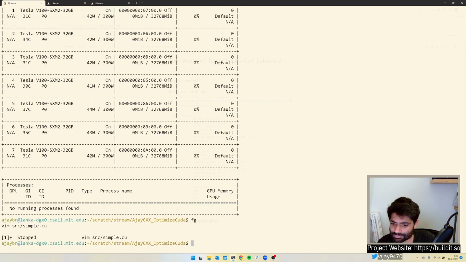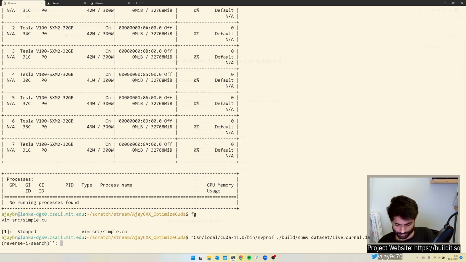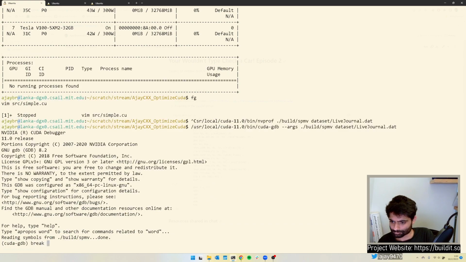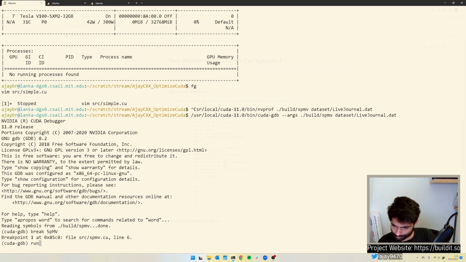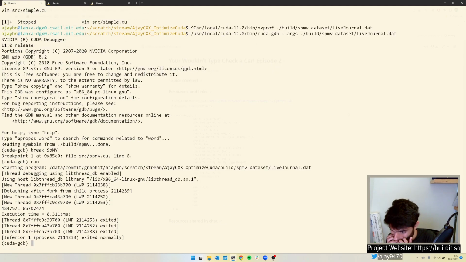I'm going to insert a breakpoint and we're going to debug this properly. It does not enter the execution.